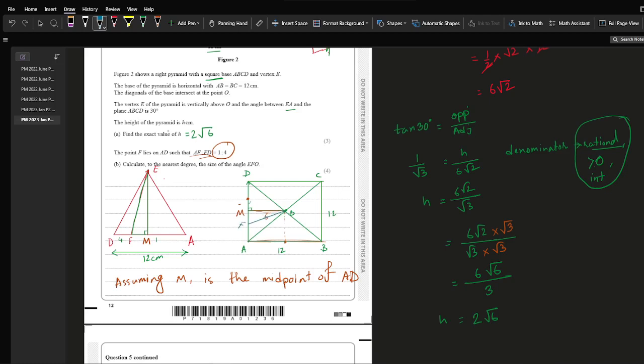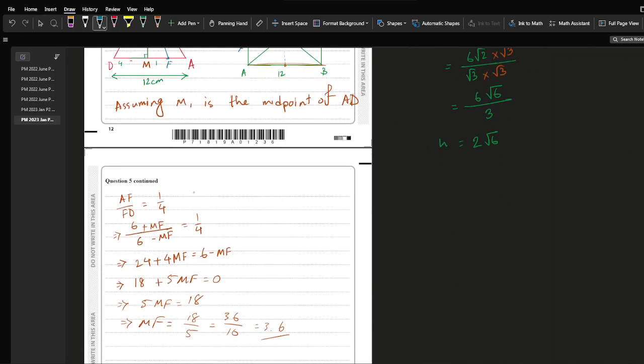This is F, and this is F. So that means AF is 6 minus, and this is 6 plus.